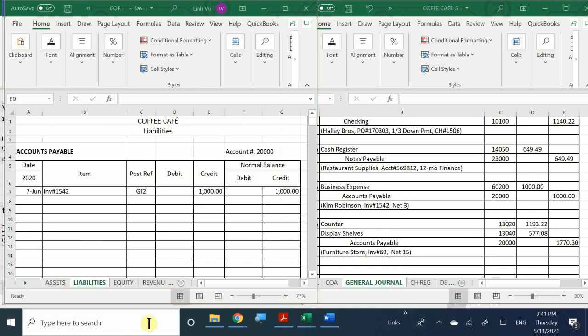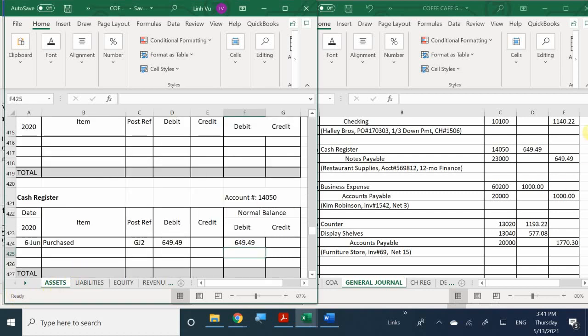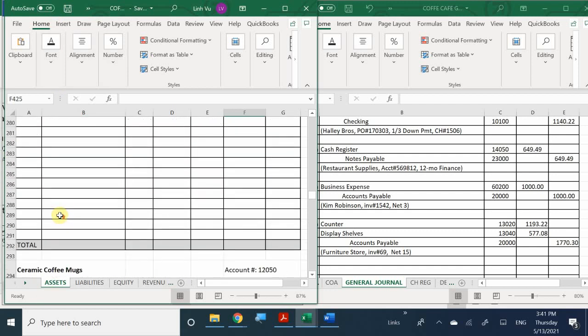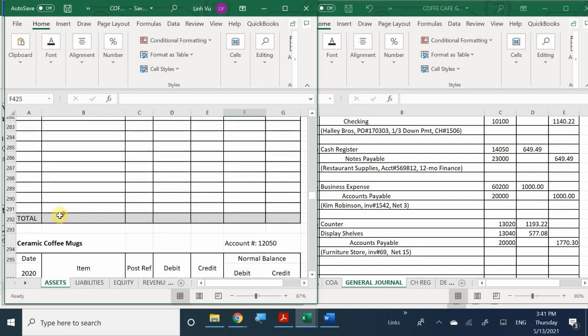Okay. So first things first is we acquired assets. So here is a hint. These are going to be furniture stuff. So it's going to be under the main account furniture. However, we specified specific items that we purchased under the furniture.